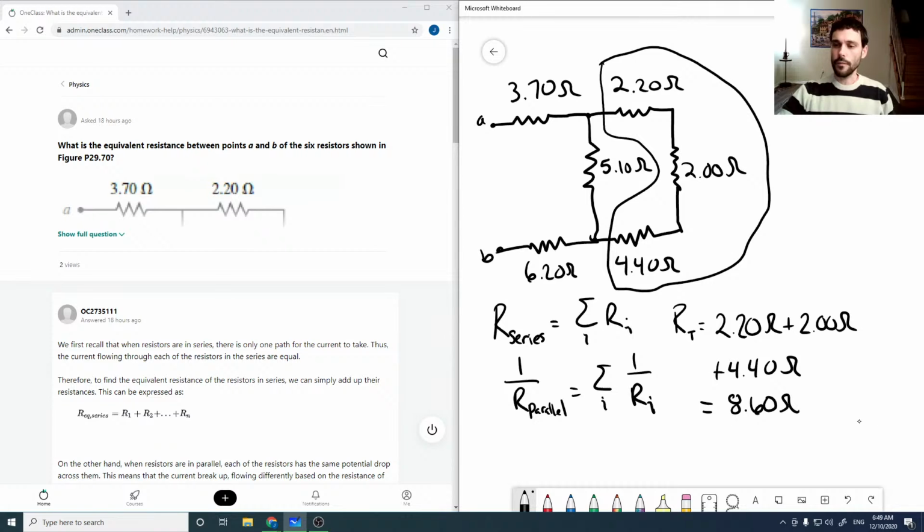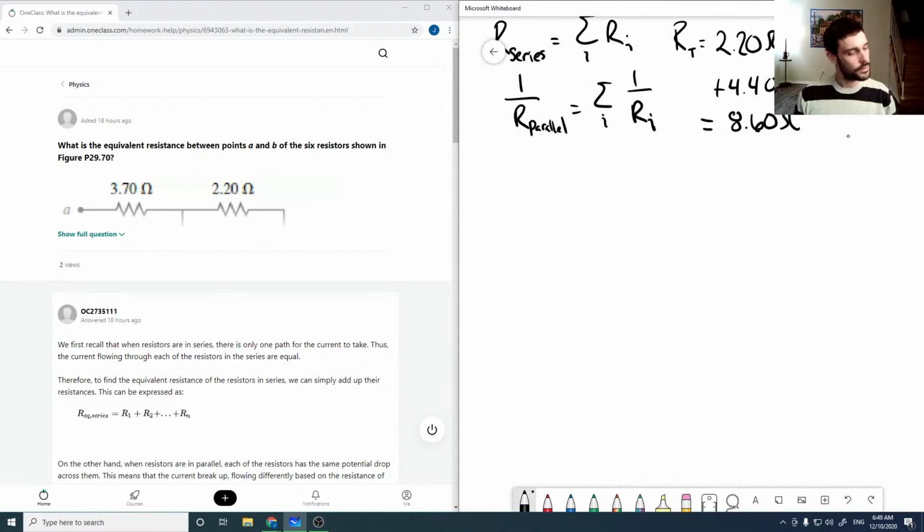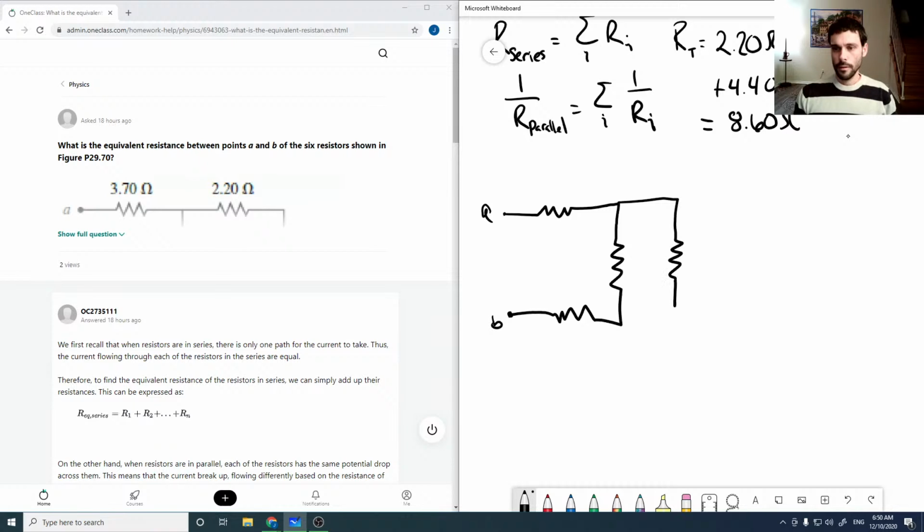And so we can redraw the figure as something like this. We've collapsed those three resistors into one, and so we've got this 5.10 ohms, and then this 8.60 ohms, 3.70, and 6.20.